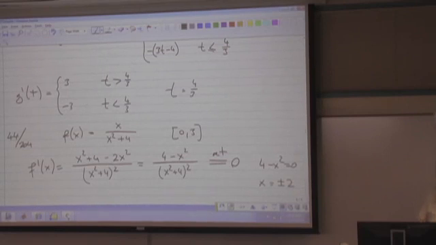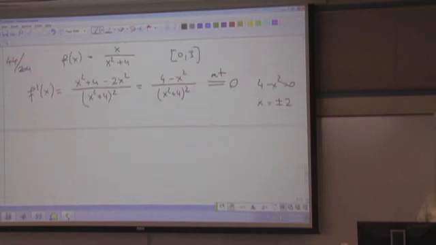So this was step 1. Do you remember what step 2 was? We have to figure out the maximum and minimum, right? Which means we just have to plug in and figure out which of those are larger than the other ones. So we're going to test f of 0, f of 2, and f of 3.